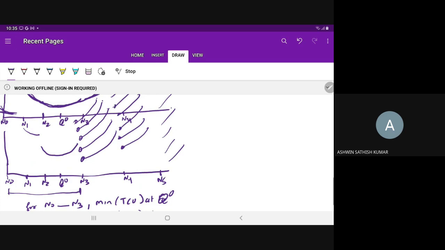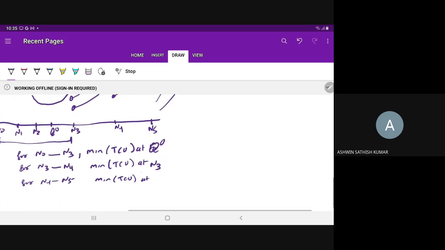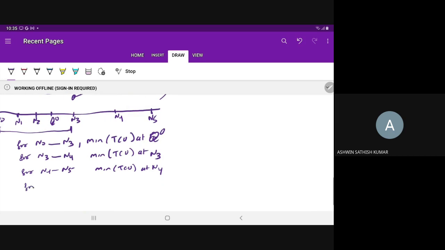And for N5 onwards, the minimum TCU is at N5.